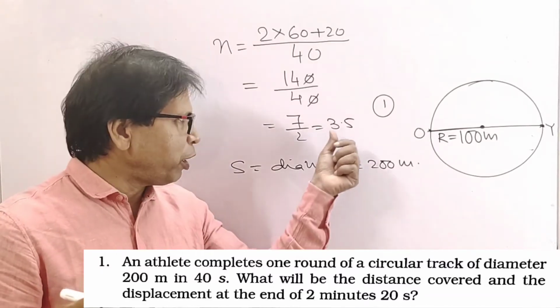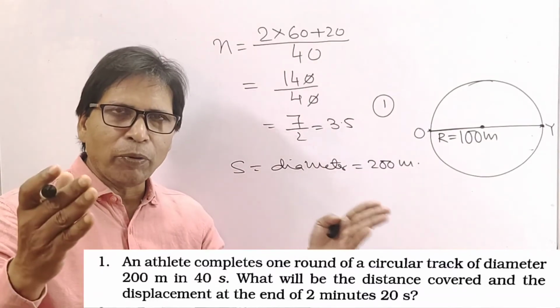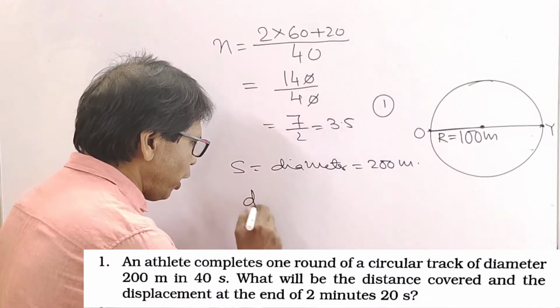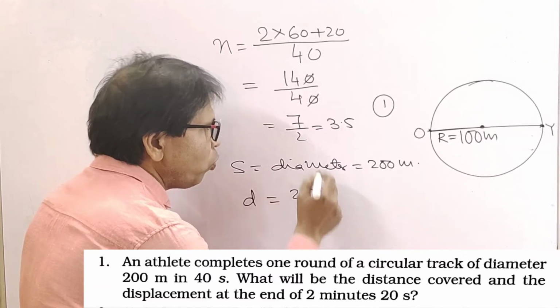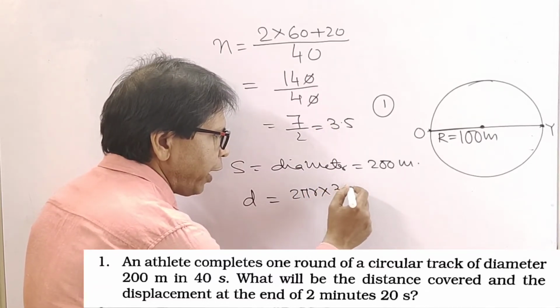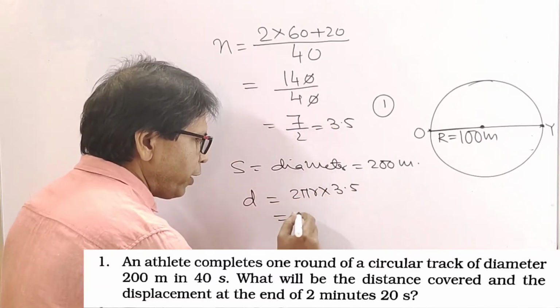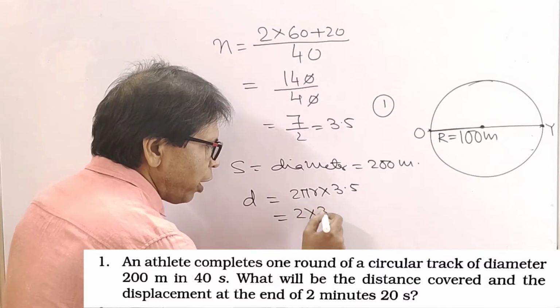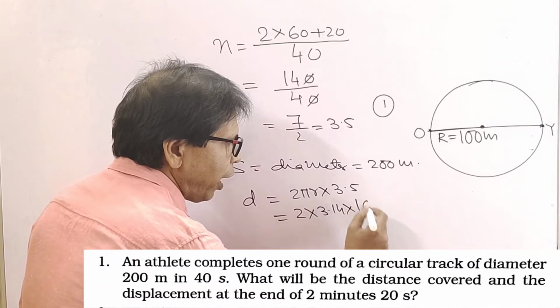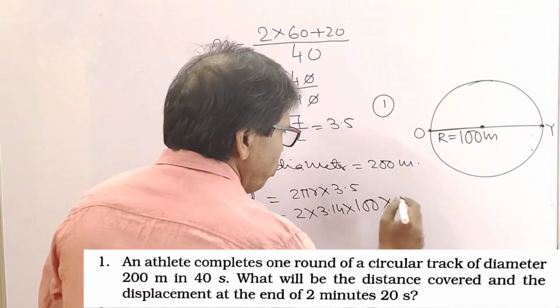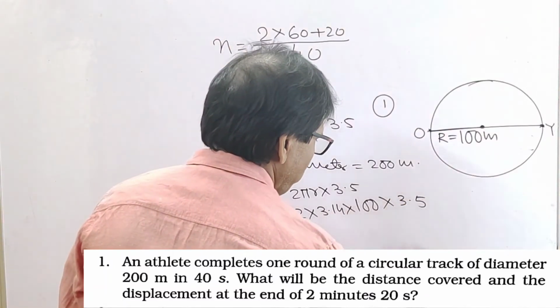Distance is the perimeter into the number of revolutions. Perimeter means 2 pi r into the number of revolutions, that is 3.5. Look at this. This is 2, pi is 3.14, r is 100 meter, and 3.5.